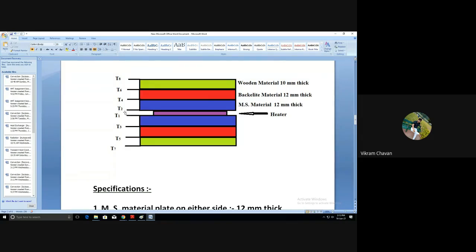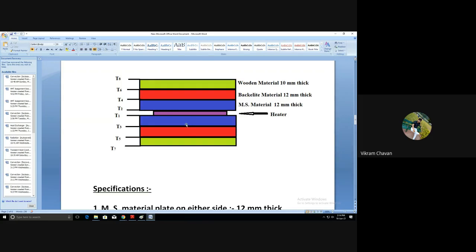So T1 and T2 have the same configuration, which are equidistant from the heater. The same amount of heat will be transferred in the downward direction and in the upward direction, because the heater will generate the heat uniformly in all directions. So the amount of heat traveling upward is equal to the amount traveling downward when it is possible?